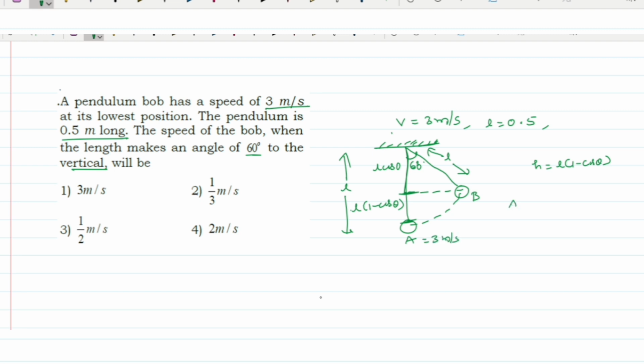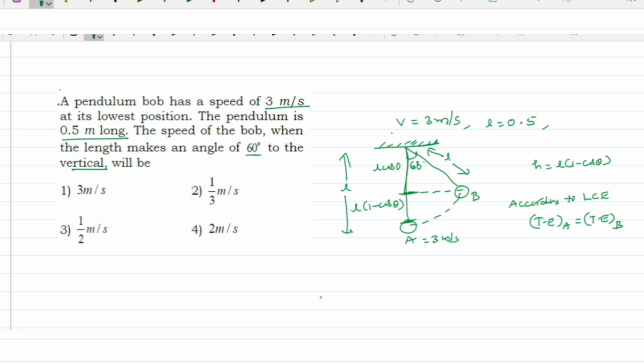Now according to the law of conservation of energy, total energy at the point A will be equal to total energy at the point B. Total mechanical energy is nothing but potential energy plus kinetic energy.